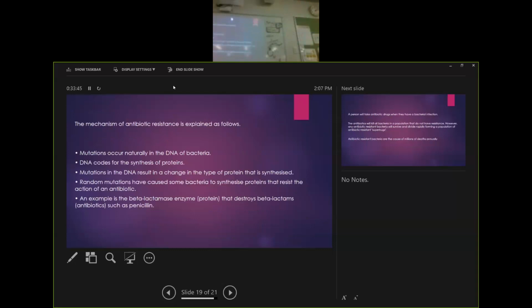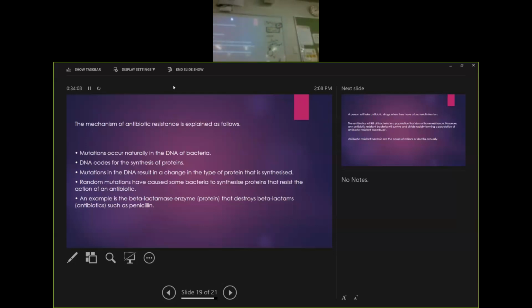And this is why it tends to happen, because you've got to remember, in bacteria, we still get mutations. Just like in viruses, we get mutations which produce different antigens. Bacteria also mutate. This mutation leads to different proteins being produced.